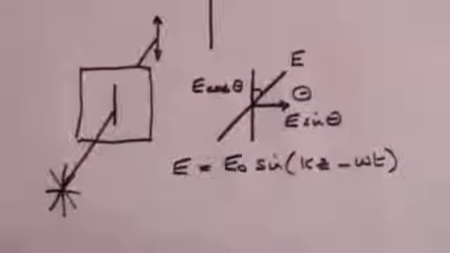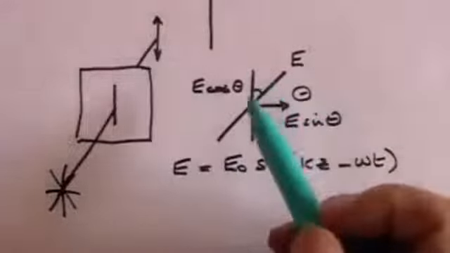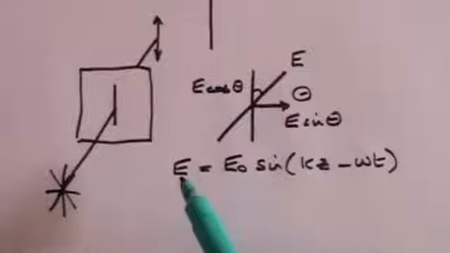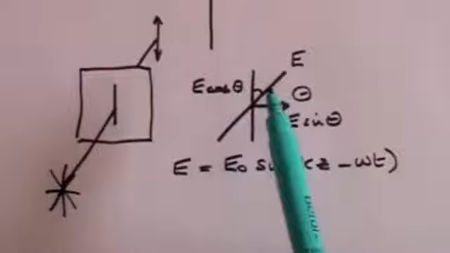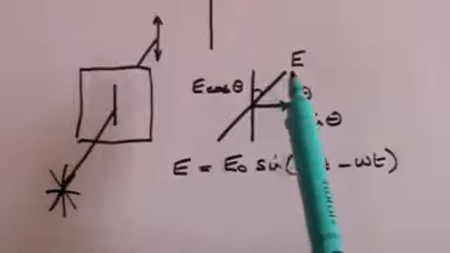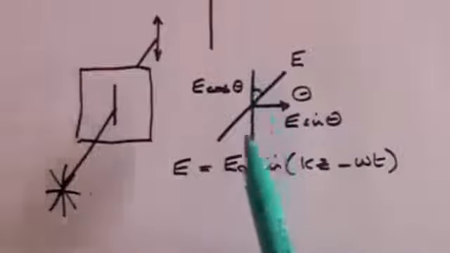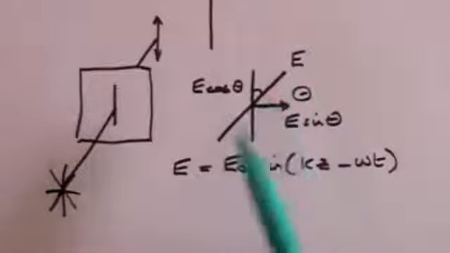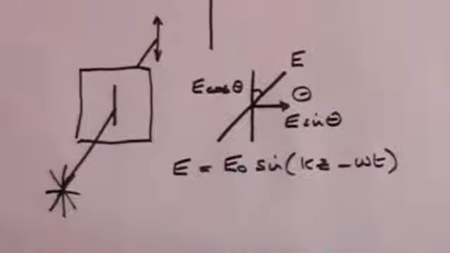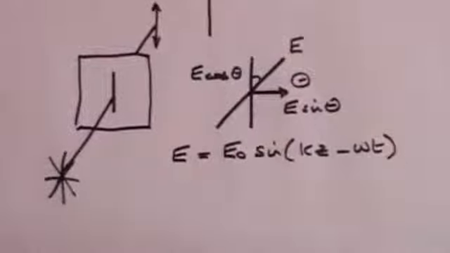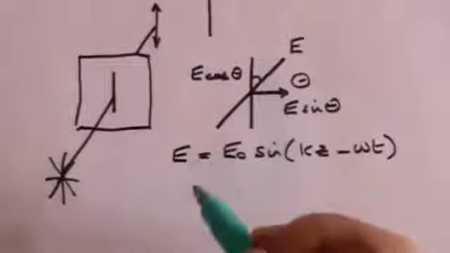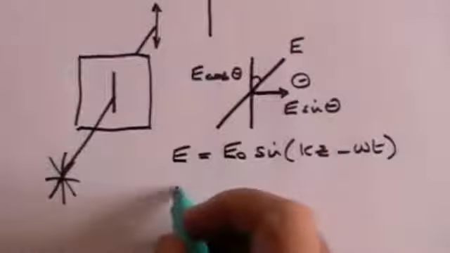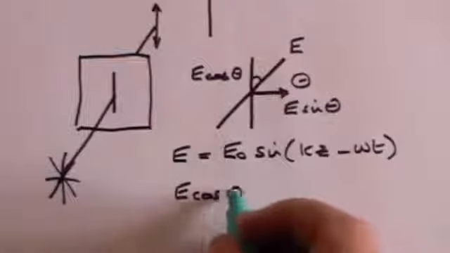And what we're now saying is that what actually gets through the polarizer is that value of E multiplied by the cosine of the angle between the vertical polarizer and whatever angle the E field happens to be oscillating in the unpolarized way. So what we're now going to say is that the component that gets through is E times the cosine of theta.